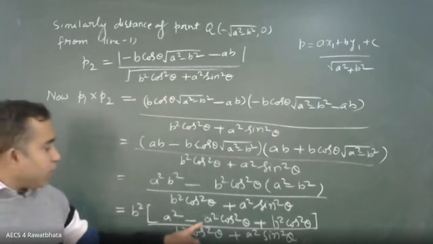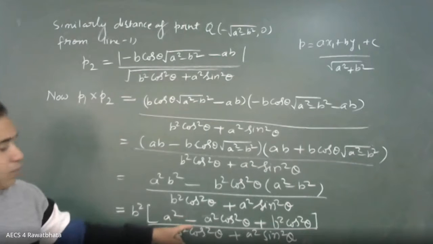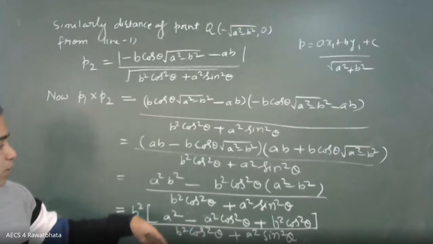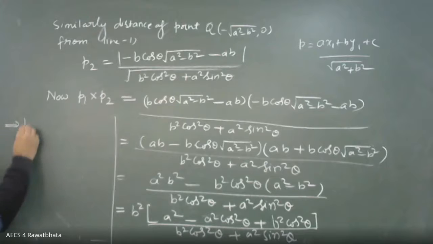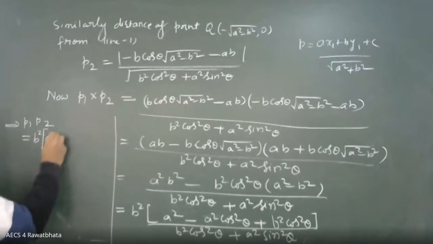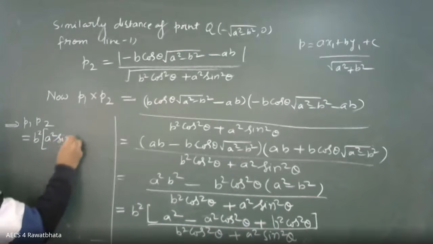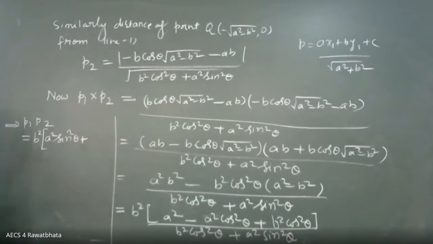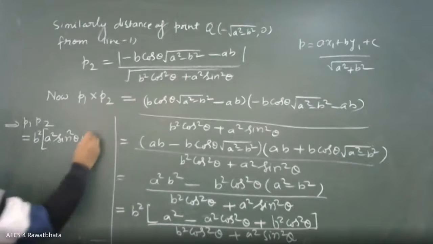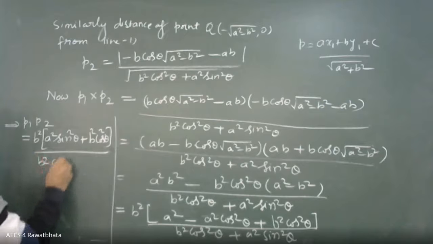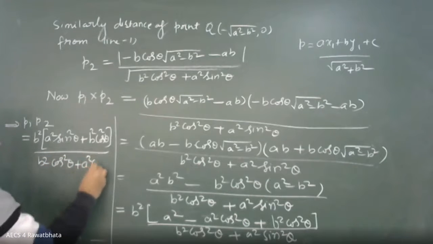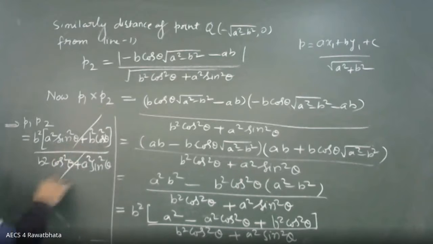Between the first two terms, if I take a square common, in the bracket I'll have 1 minus cos square theta, which will give us sin square theta, right? So P1 P2 equals b square out, a square common, 1 minus cos square is sin square theta, plus this b square cos square theta, whole upon b square cos square theta plus a square sin square theta, which gets cancelled, exactly the same thing.